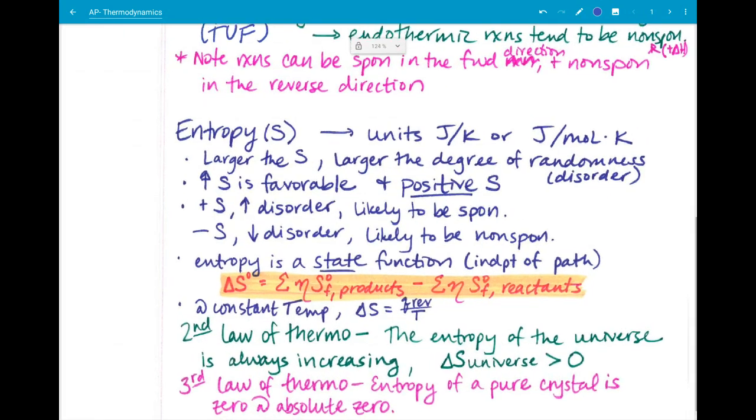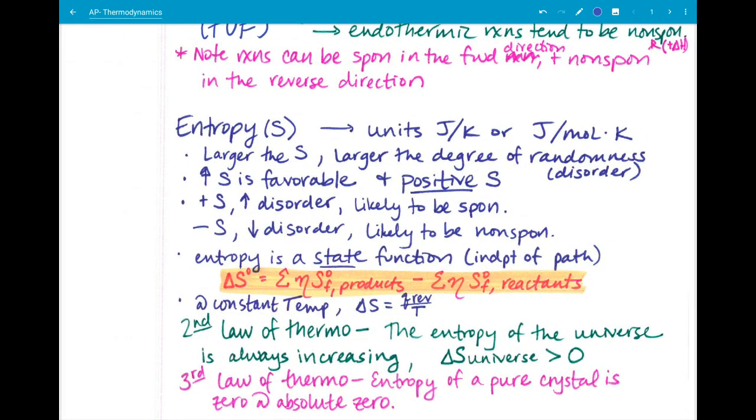Entropy is represented by the letter S. It has units of joules per mole Kelvin, usually how we will see it. The larger your entropy value, the larger your degree of randomness or disorder. Basically everything in the universe favors greater entropy because it's easier.